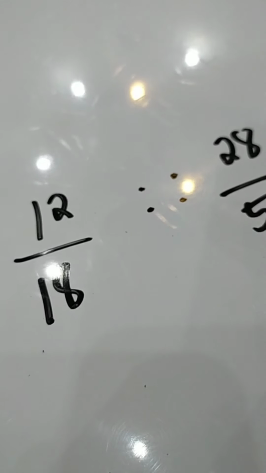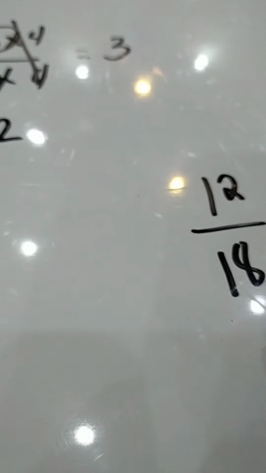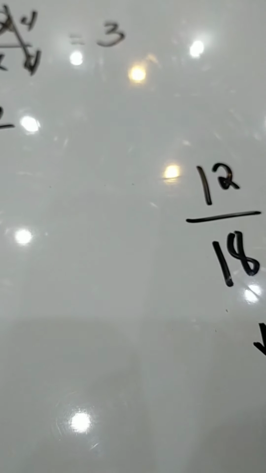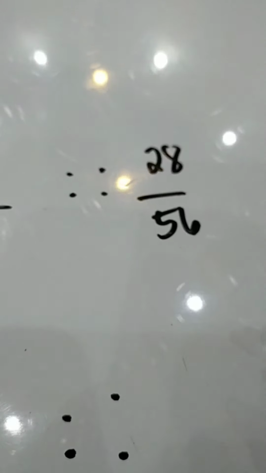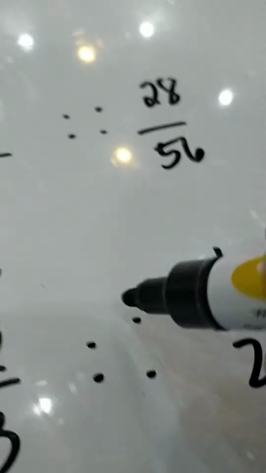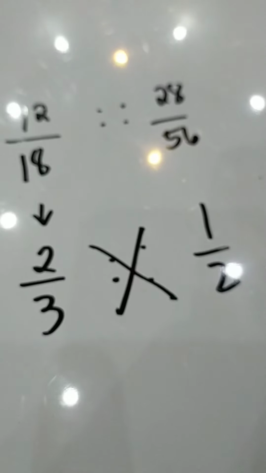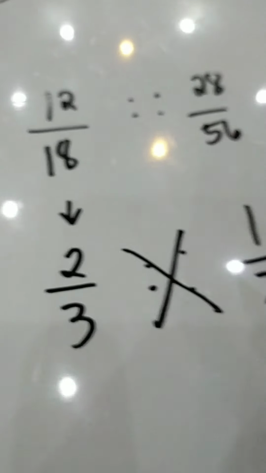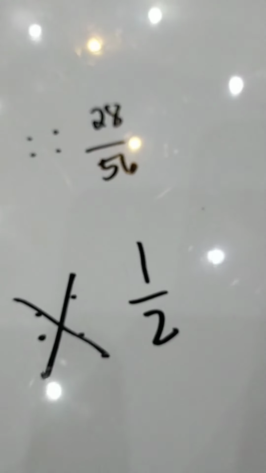Kung isi-simplify natin siya, we have ang 12/18, kapag isi-simplify natin siya, it will go down to 2/3 is to, ang 28/56 naman ay 1/2. So, hindi sila proportion. So, hindi sila equal.